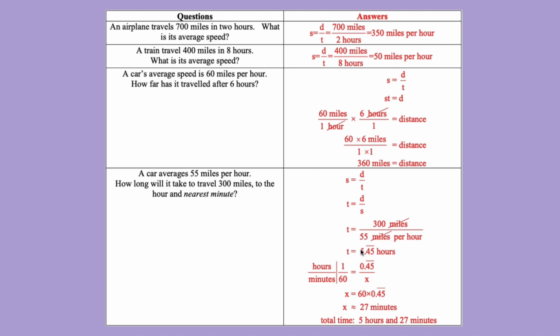Then we have our time, which is 5 and 45 repeating hours. And then to get it to the nearest minute, we have to convert hours to minutes. We make a proportion, and for minutes, it's around 27 minutes, and our final time is 5 hours and 27 minutes.